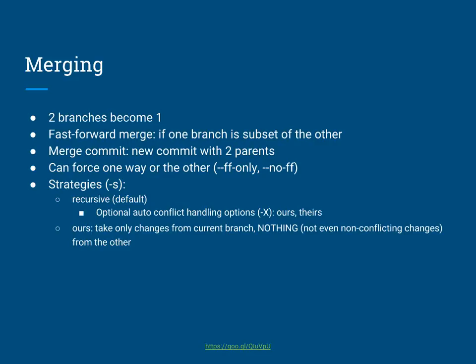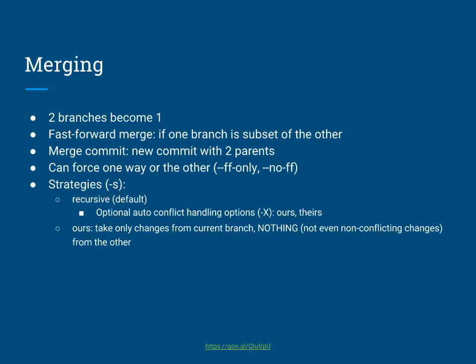Now, what is a fast forward? Suppose this didn't exist. So I have commits on one branch, and the other one was actually a superset of the other. If I want to merge these two, there's no reason for me to make a merge commit, because this actually contains everything already.